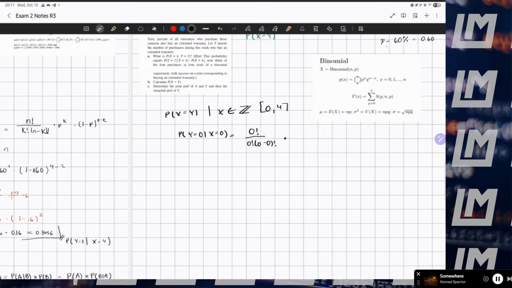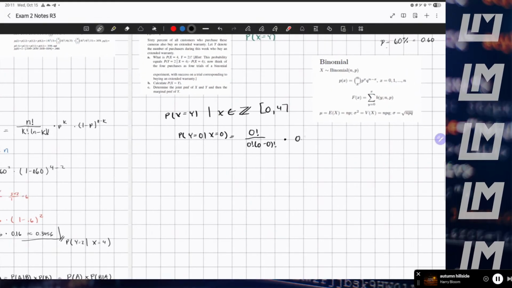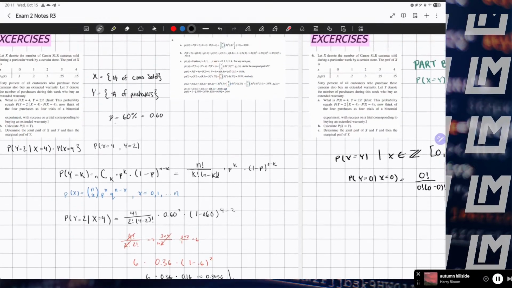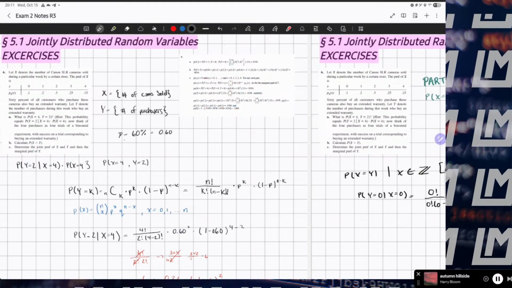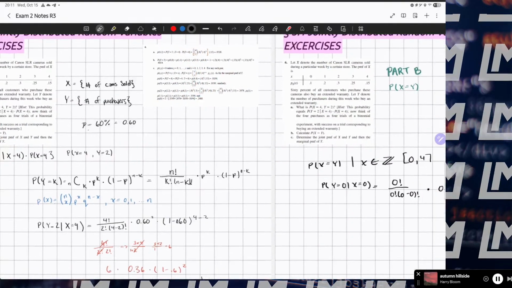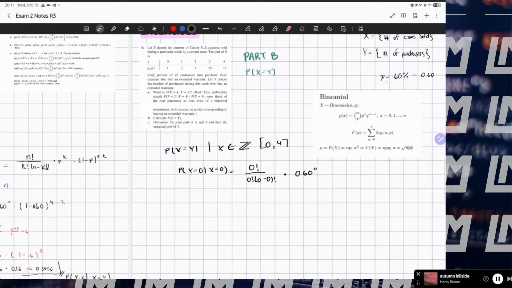Times the probability of 0.60, and that's the probability of those who buy an extended warranty, to the power of 0.